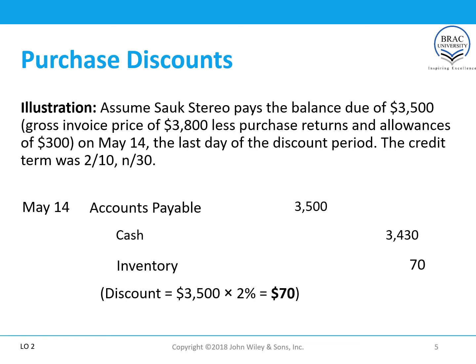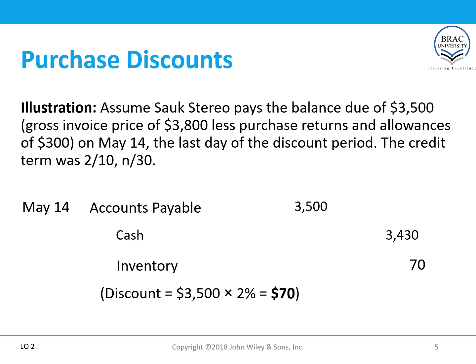Before getting into the transaction, we will have to determine the amount of discount that Sock Stereo will be enjoying. In this case, we base the calculation on the net invoice price, which is $3,500. So $3,500 times 2% discount comes to $70.